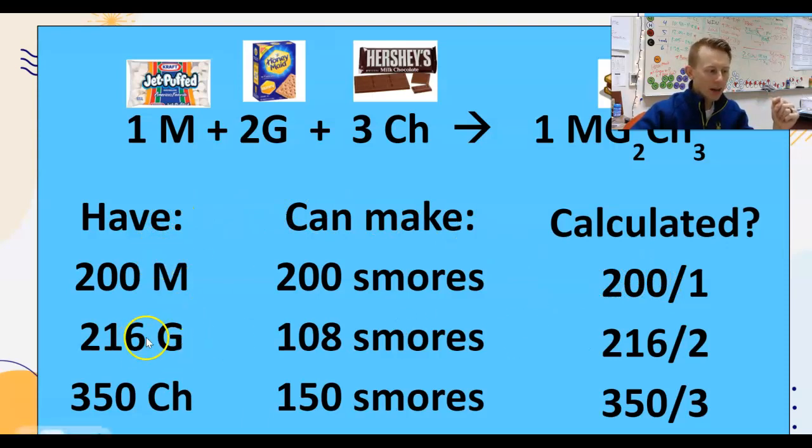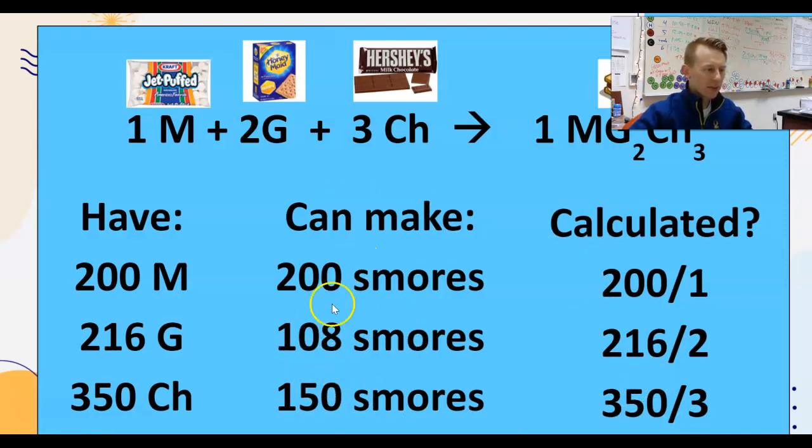And then for the graham crackers, that makes 108 s'mores because 2 graham crackers makes 1 s'more, so you take 216 divided by 2. You're dividing by the number that's in front of the formula for the graham crackers. And then 350 chocolates, it's a 3-to-1 ratio, so you need 3 chocolates to make 1 s'more, so you divided that by 3, and we found 150 s'mores.